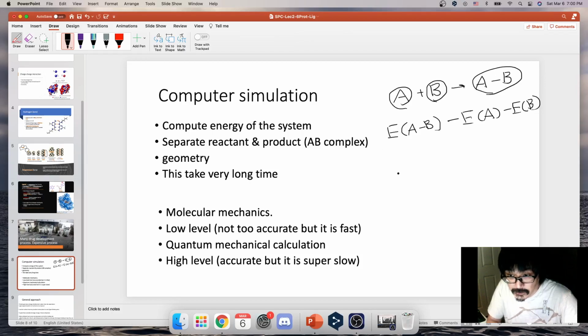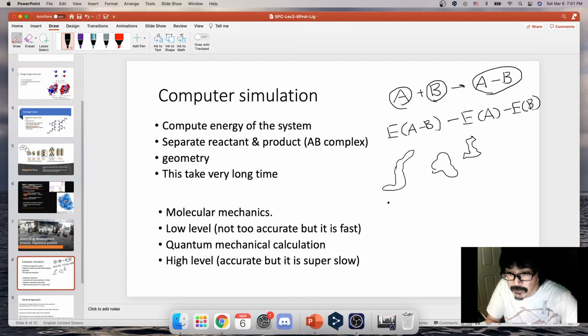And the geometries, maybe that A looks like this, or maybe that A looks like this, or that A looks like this, right? So different shapes, we don't know what the geometry of the ligand is, right? So you can use the computer to figure out the best energy structures.